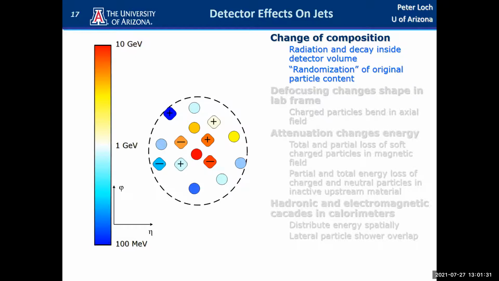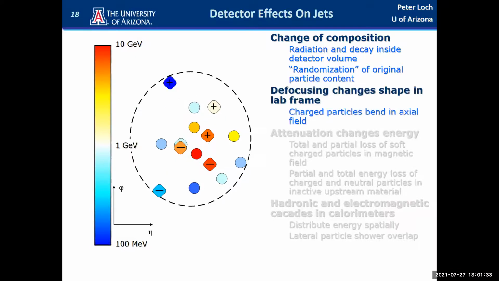So there's some randomization going on just by the fact that there's a detector that has a finite amount of material. Now we turn on our magnetic field, and it bends the tracks in azimuth, and you see the charged tracks move a little further apart depending on the sign of their charge, and the circle is already bigger.